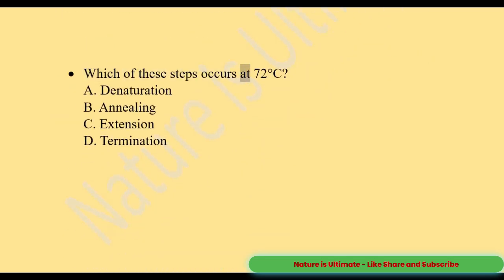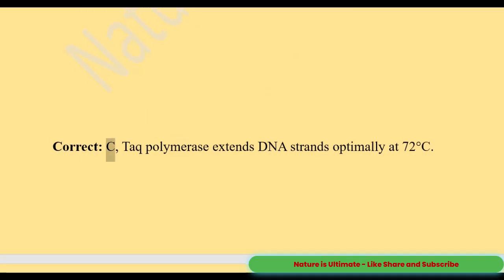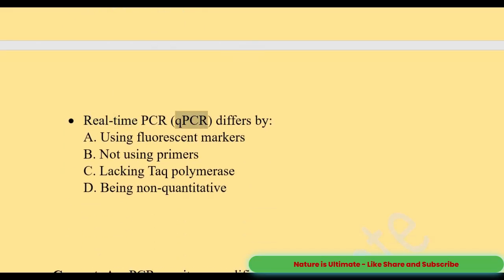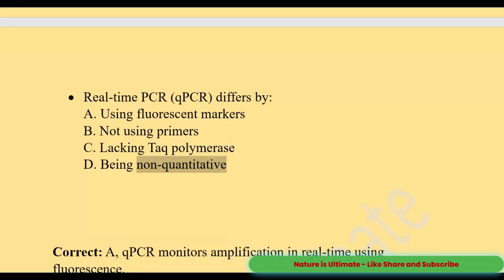Which of these steps occurs at 72 degrees Celsius? A. Denaturation, B. Annealing, C. Extension, D. Termination. Correct. C. Taq polymerase extends DNA strands optimally at 72 degrees Celsius. Real-time PCR, qPCR, differs by A. Using fluorescent markers, B. Not using primers, C. Lacking Taq polymerase, D. Being non-quantitative.